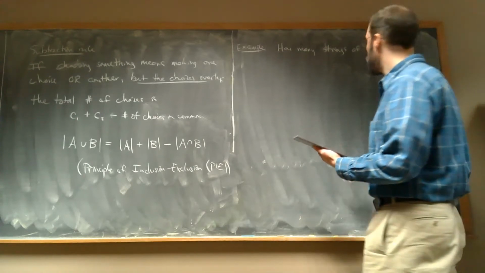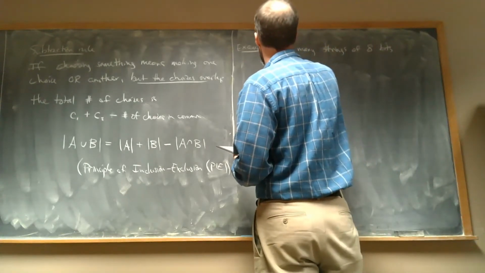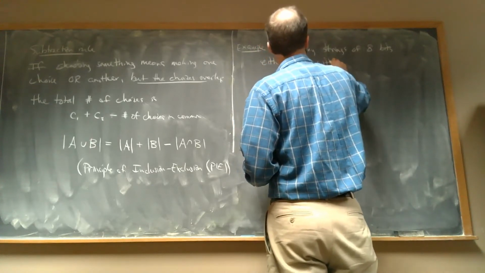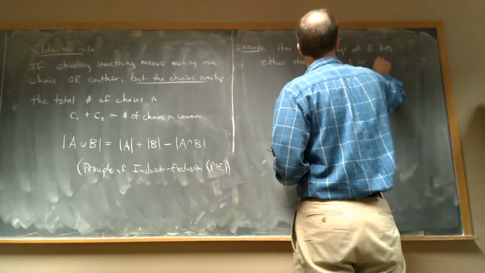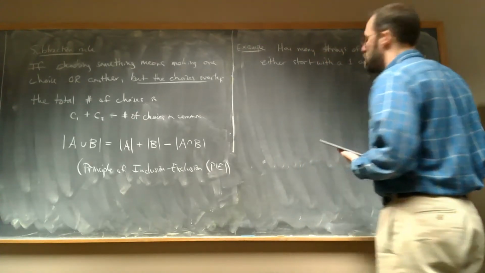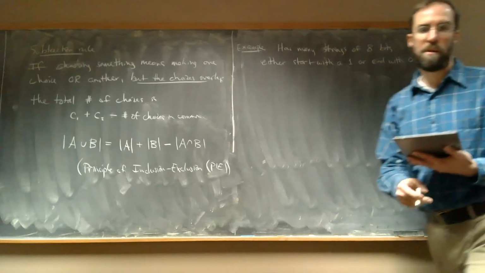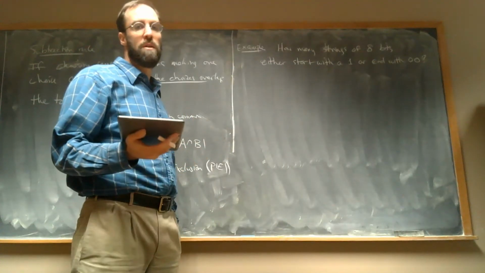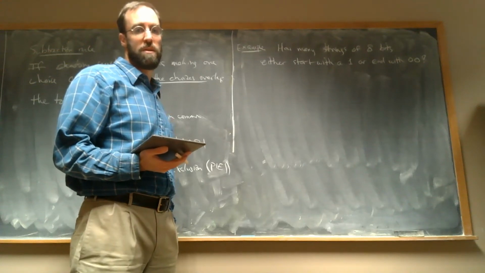So how many of them either start with a 1 or end with 0, 0? I'm going to count the number of strings that start with a 1 or end with 0, 0.